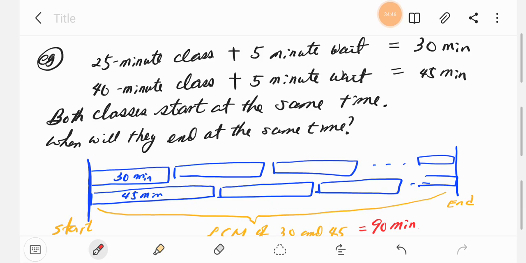To find a larger number, we find the LCM, least common multiple. A larger number is a common multiple, so we select the least one. And when looking for the smaller number, smaller numbers are common factors, so among those common factors, we get the largest one, the GCF.